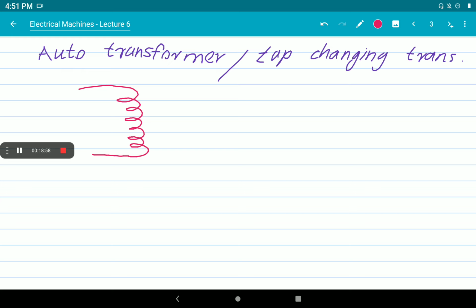An auto transformer is a single winding transformer in which the primary winding and secondary winding are the same. The only difference is that fewer turns are used as the primary winding and more turns as the secondary winding. This is done by tapping, by changing the tap points from the secondary winding.